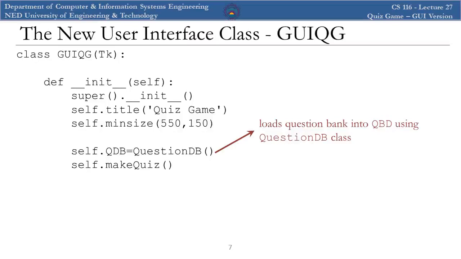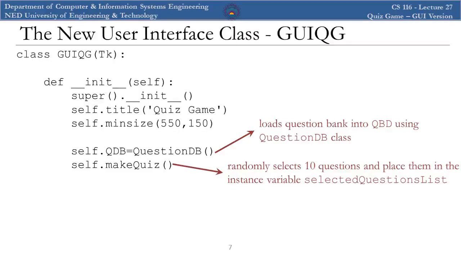Now the make quiz method, as I told you earlier, I'll just copy it from that previous class. Now you see this instantiation that I did on the previous line, where I created QDB. You can do that instantiation inside the make quiz method as well. So it's up to you. So this is the function of the make quiz method.